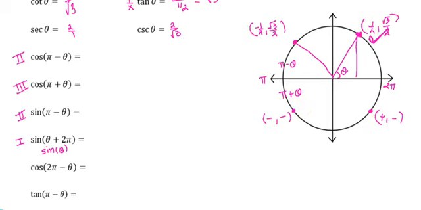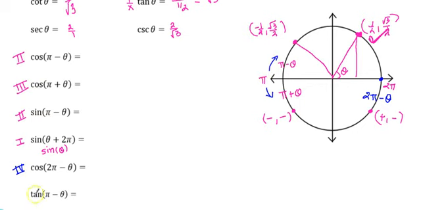Our understanding is based on pi minus and pi plus. This is 2 pi, and the fourth quadrant reflection will be 2 pi minus theta. That means this is my location.